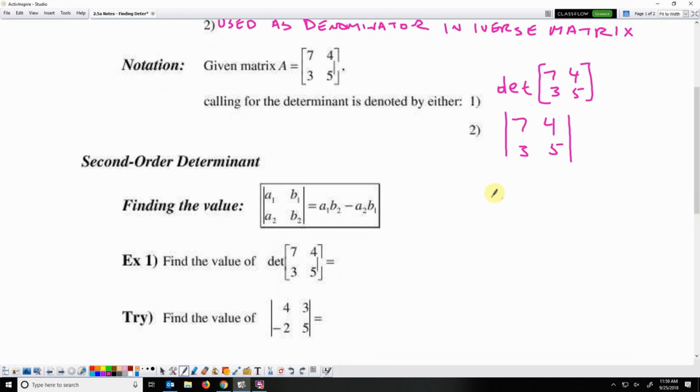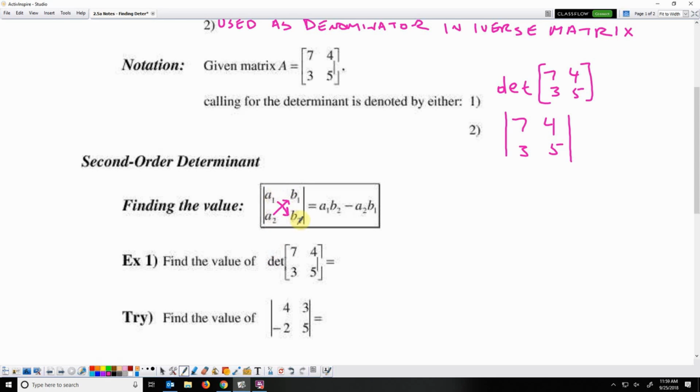Okay, second order determinant, so finding the determinant of a 2 by 2 matrix. When we find the determinant of a 2 by 2 matrix, we do the main diagonal product, A1 times B2, minus the secondary diagonal product.